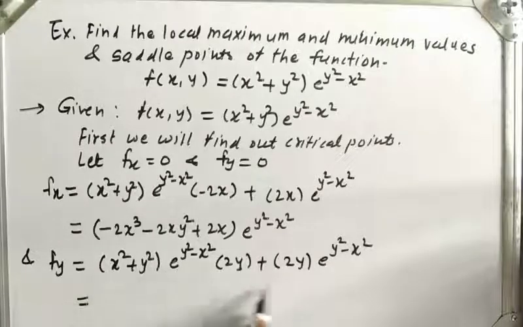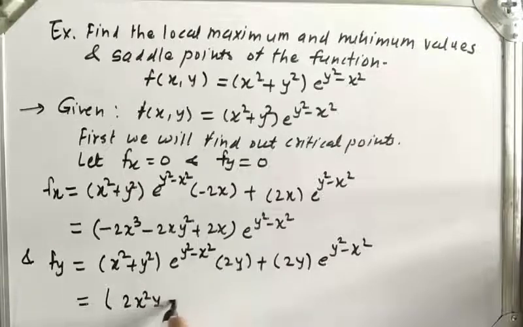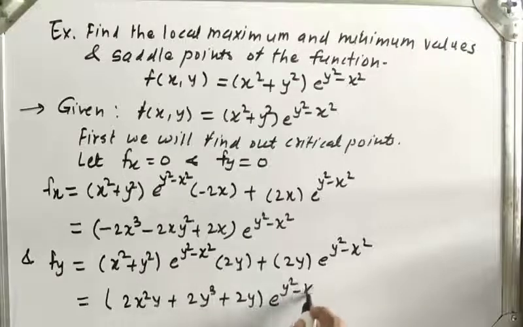Here also we can take e^(y² − x²) common. So fy = (2x²y + 2y³ + 2y) e^(y² − x²).